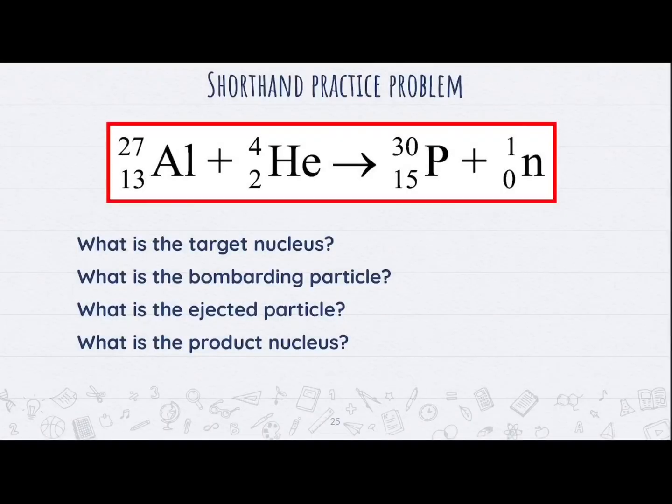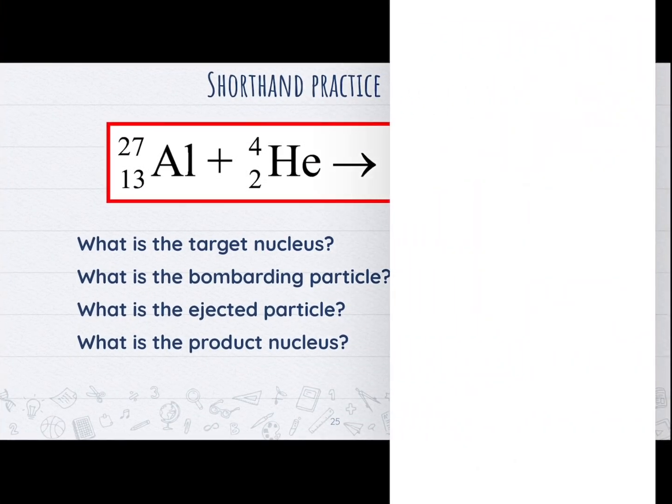Okay, let me write that out for you so it makes a little more sense as we go here. So on this last one, my shorthand practice, I have my target nucleus, which is just Al-27, atomic number 13.